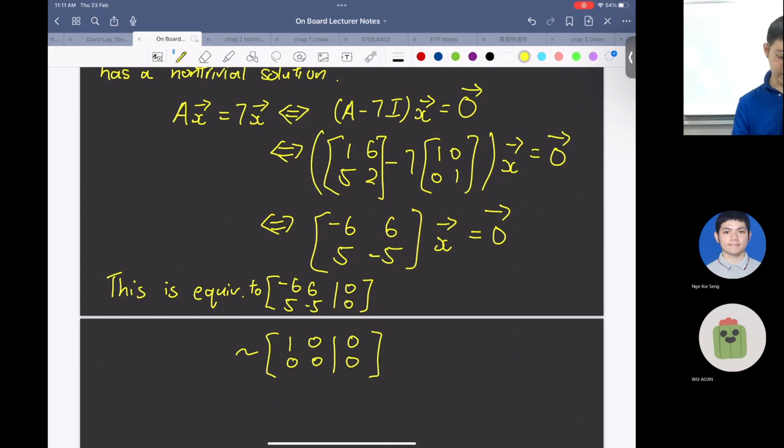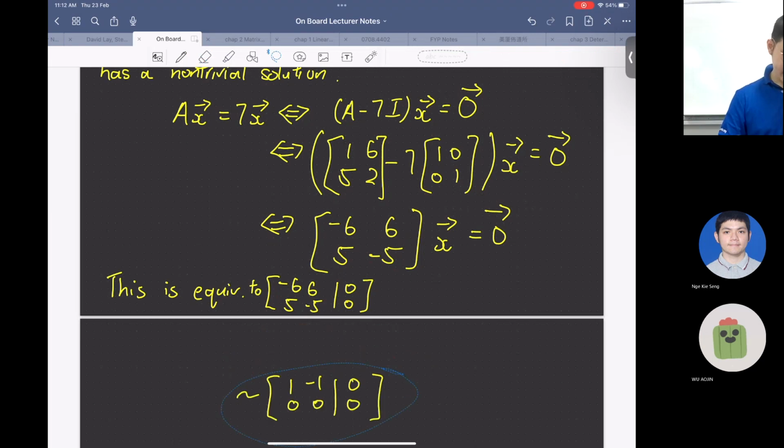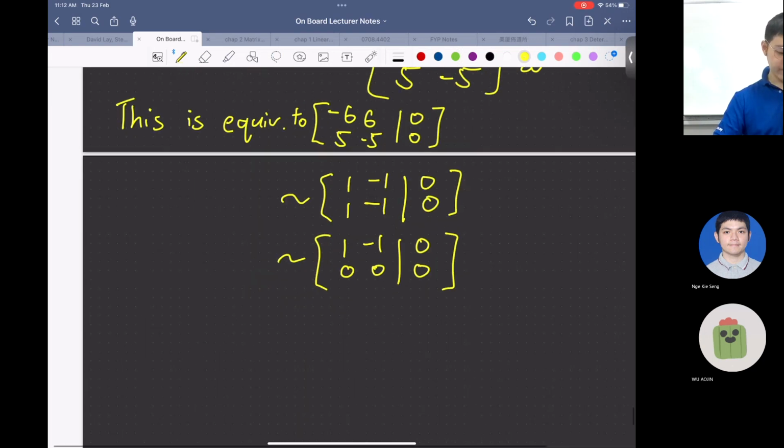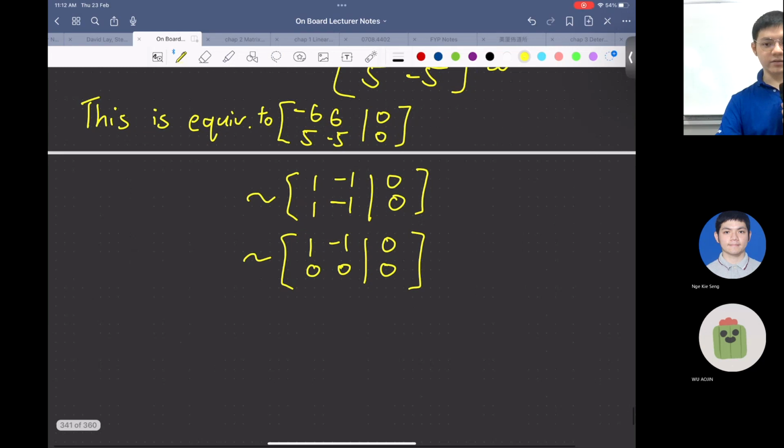Did I do something wrong? I think I did something wrong. If you don't know how to go quickly, you can scale everything first. If you scale everything, you get 1 minus 1, 0, and then 1 minus 1, 0. Then you subtract one row from the other and you get 1 minus 1, 0.